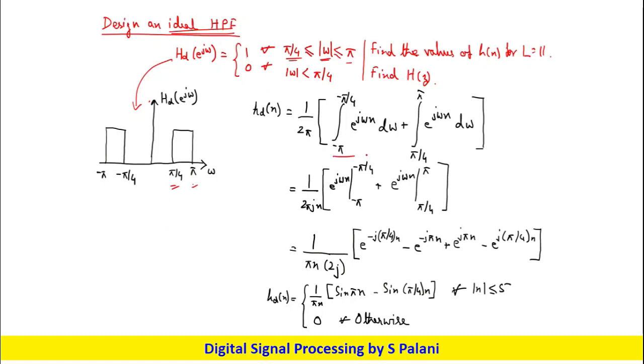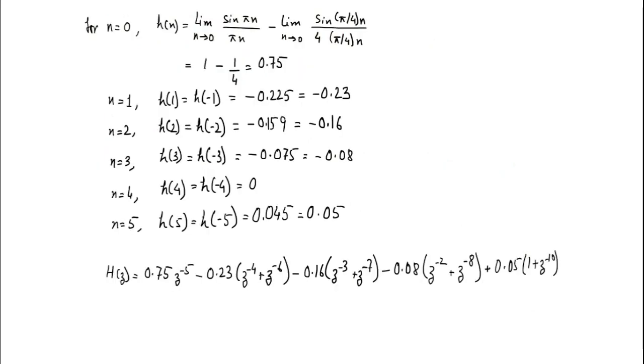Now there are two pass bands, so we have got two integrals. Just solve it. Same again for n equals 0, limit n tending to 0, because in both numerator and denominator you will be having the n values.